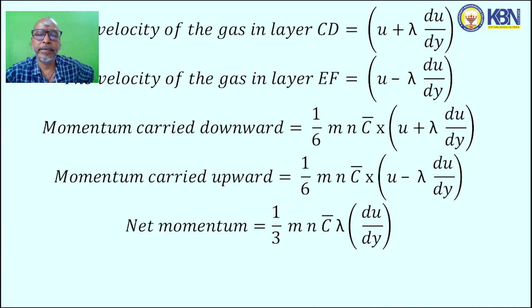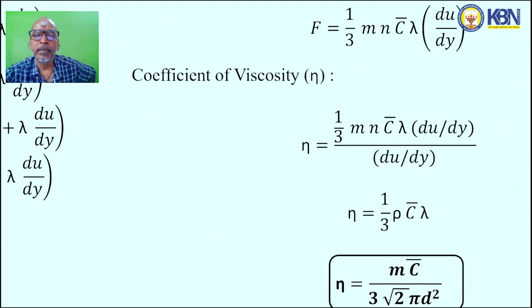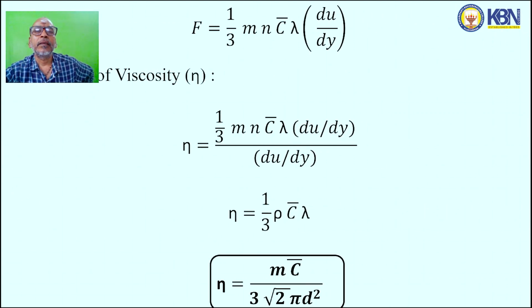The net momentum transported per unit area per unit velocity gradient is 1/3 m n C bar lambda du by dy, and it is the momentum transport per second.